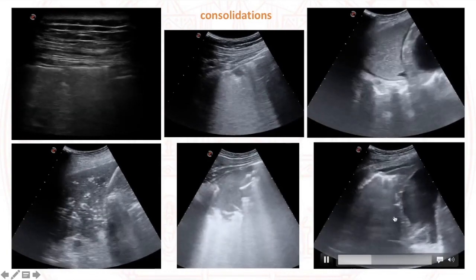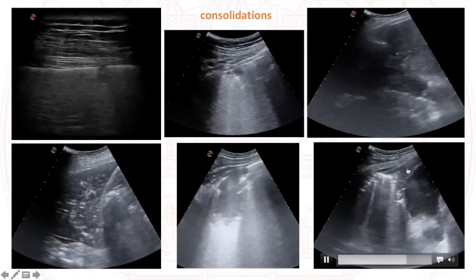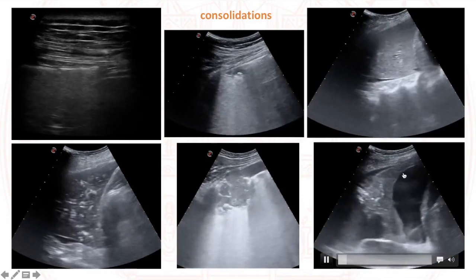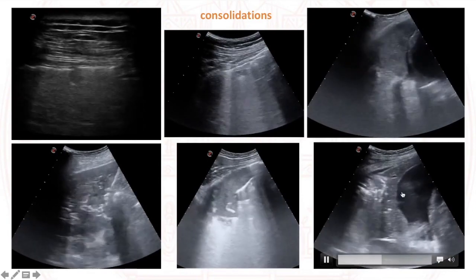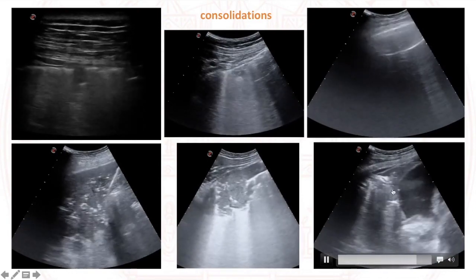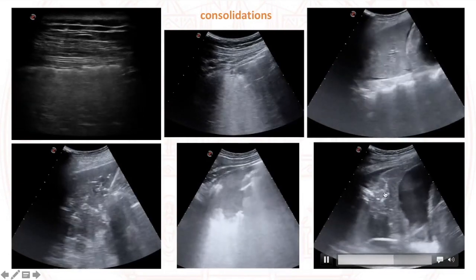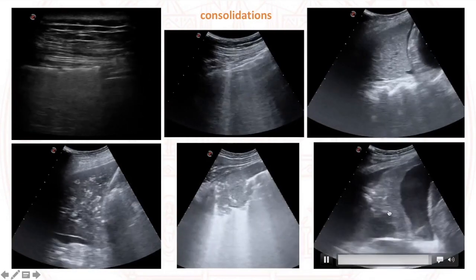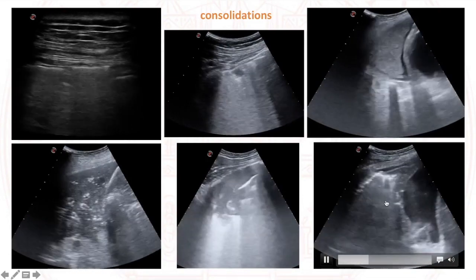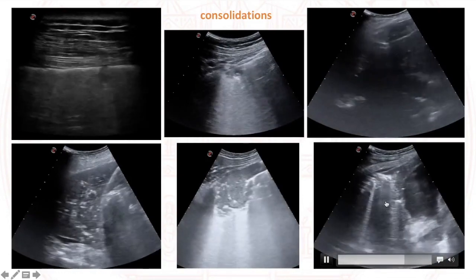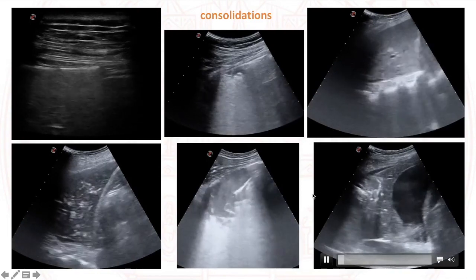In this other picture, you see that inside the base of the lung, which is consolidated, we still have some artifacts made by the air, which is trapped inside the bronchi. This is called the air bronchogram. This is quite important to assess also in COVID-19.